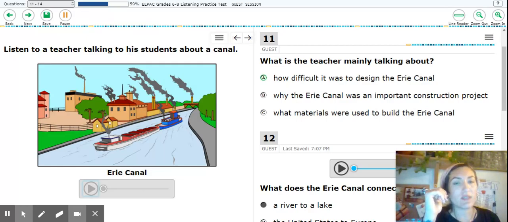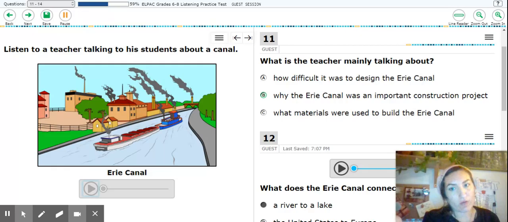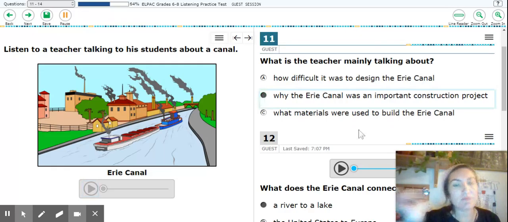No. Did they talk about difficulty in design? Not really. And so, again, B is kind of my obvious choice. But also remember at the beginning, he said, I'm going to talk about important construction projects in U.S. history. And then he talked about why it was important, even though we don't really use it anymore for those things. So I'm going to go with B. I feel very confident about my answers.